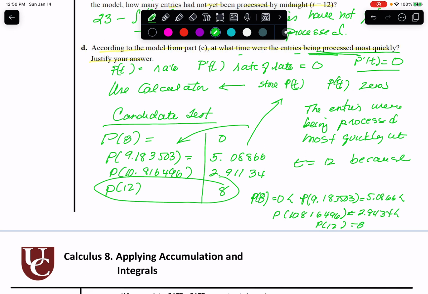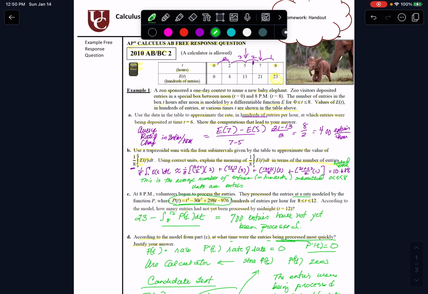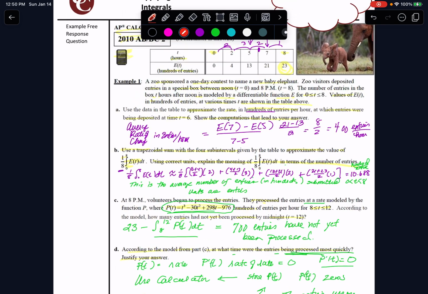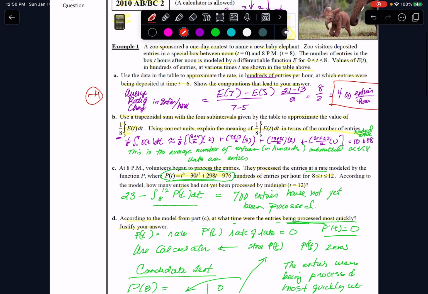All right, so let's go through this now and get the points that would be awarded. Okay, I'll do it in red. So this first one is worth 1 point, and it's for 400 entries per hour. The second one is worth 3 points, and you get 1 point for showing this whole thing.